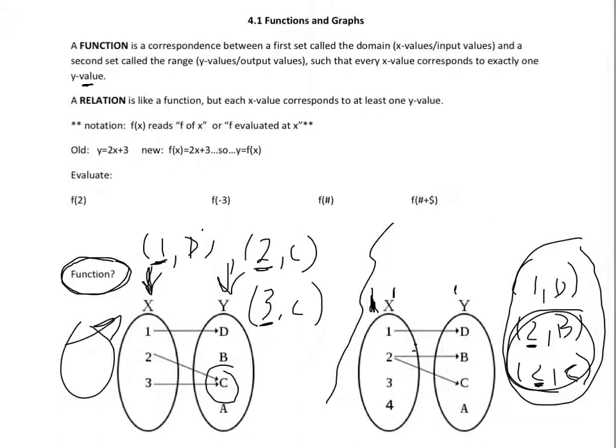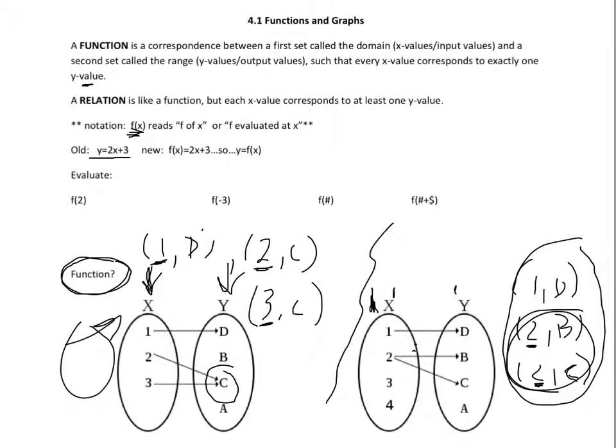So with this new notion of what a function is, there's notation that is going to accompany it. And the notation for the function is this. F, and then in the parentheses we have the x, and it reads f of x, or f evaluated at x. So if we think about the way that we used to denote things, we could have y equals 2x plus 3.